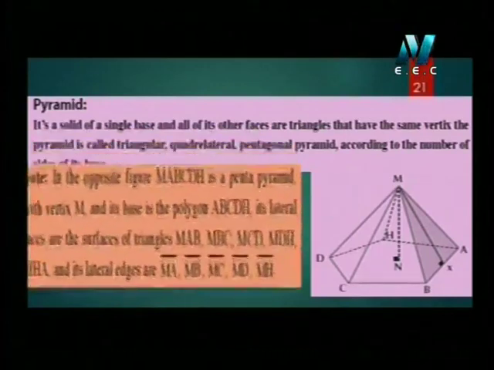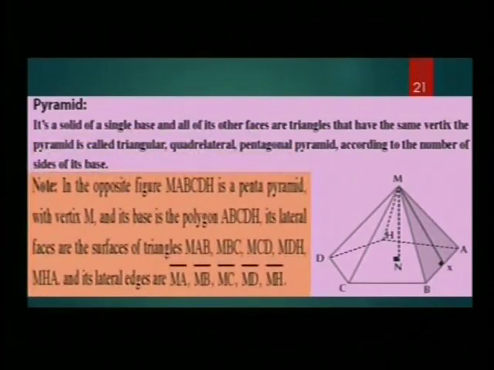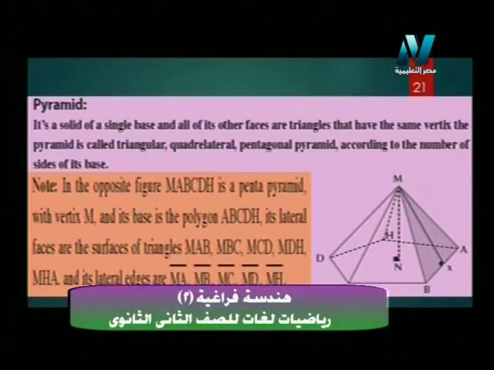Note, in the opposite figure, MABCDH is a pentagonal pyramid with vertex M, and its base is the polygon ABCDH. Its lateral faces are the triangular surfaces MAB, MBC, MCD, MDH, and also MHA. And its lateral edges are MA, MB, MC, MD, and MH.